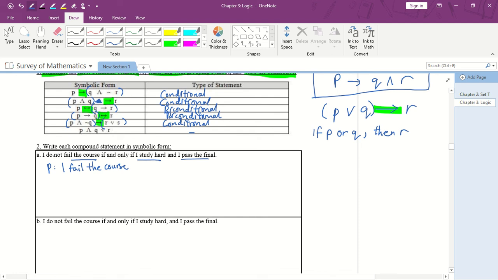Remember, the words "do not" here, we are not including in the simple statement, because we know that it is a negation. I fail the course, and Q is I study hard, and the next one, R, is I pass the final.